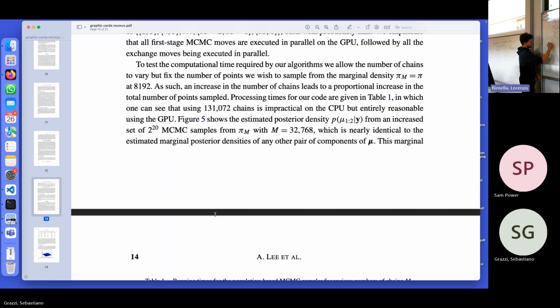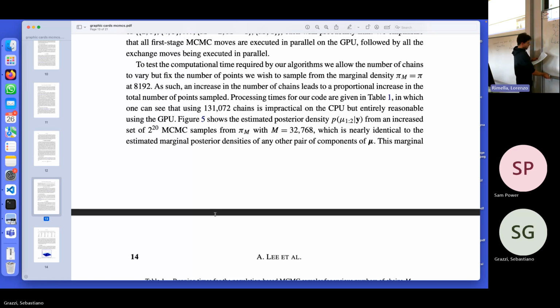And we also define kernels, L_i^t, which act on the ith copy, so on say x_i, and leave pi_t invariant. Okay, so this is the setting.